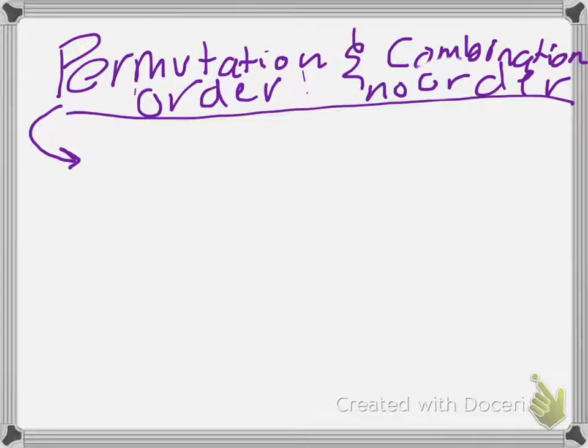Permutations are when order matters in a word problem or in finding possibilities. And combination is when order does not matter. So the equations for this would be P for permutation, and the number of possibilities out of total outcomes.